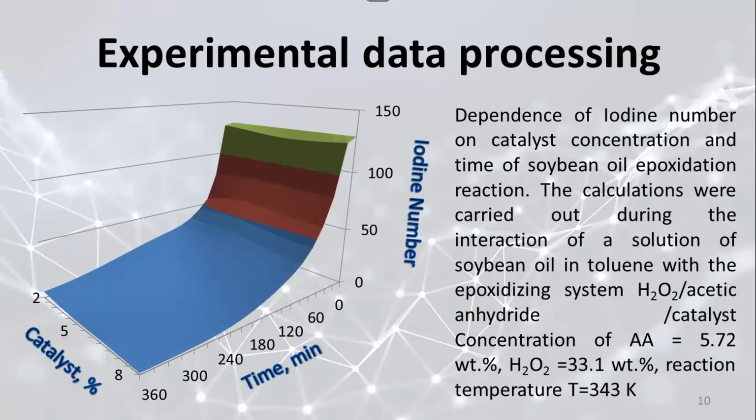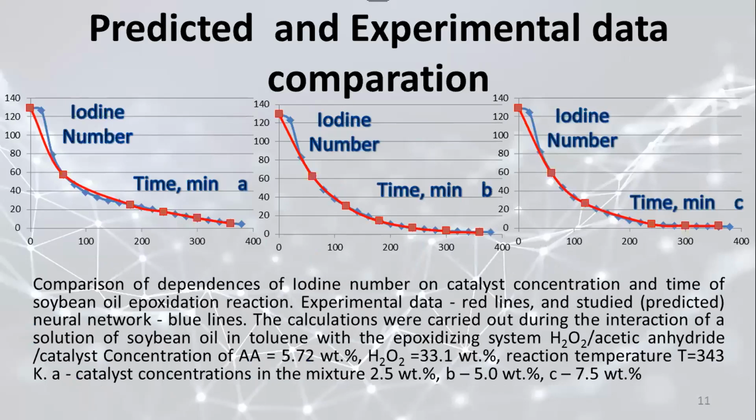Comparison of the dependencies of iodine number in time and experimental data presented by red lines and predicted data presented by blue lines, the data calculated by the neural network. This graph shows the dependencies for different concentrations of the catalyst.